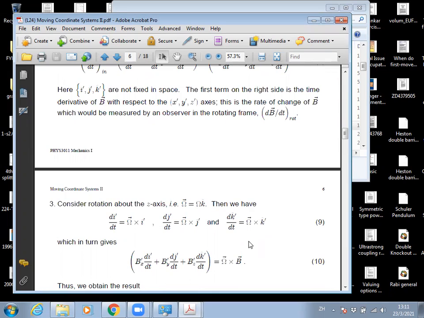When you have the i hat, you try to rotate it. The length of this basis vector remains the same. And what is the direction? Tangential direction. Am I right? Tangential direction. Just think about the polar coordinates. Go back to polar coordinates, then you understand.